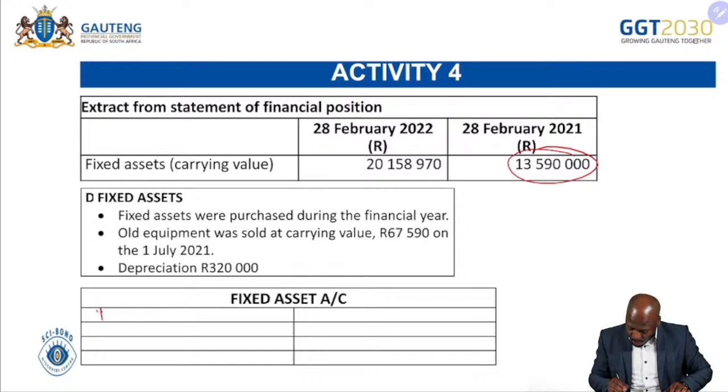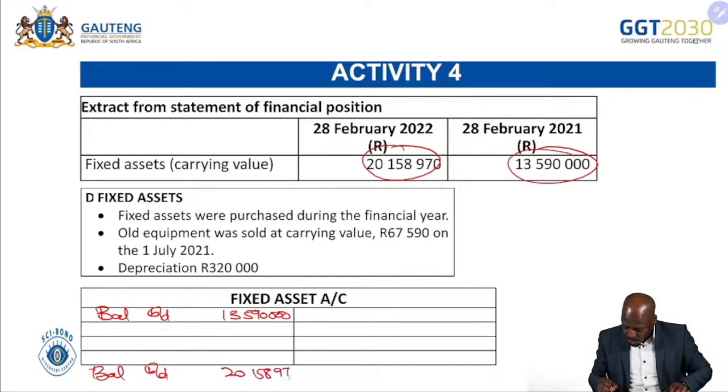I'm going to say my balance brought down, which is 13,590,000. And I'm also going to have another balance here, which is 20,158,970.